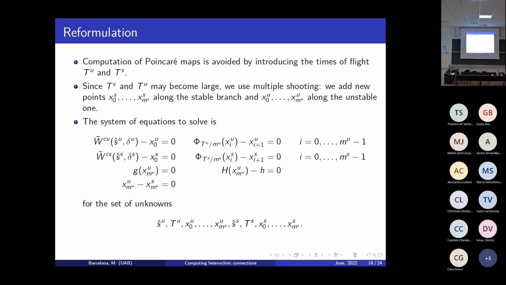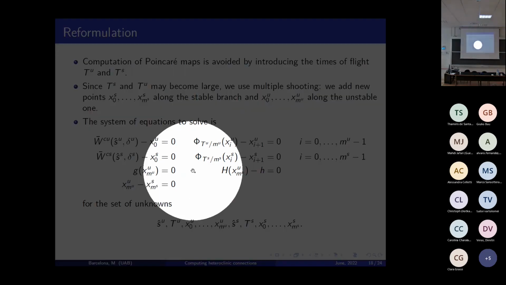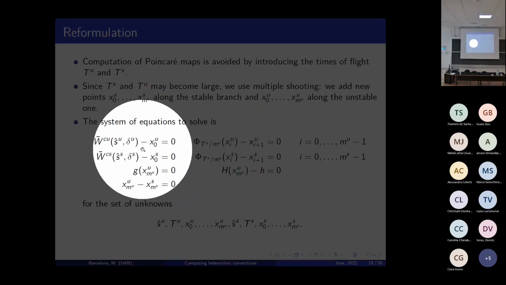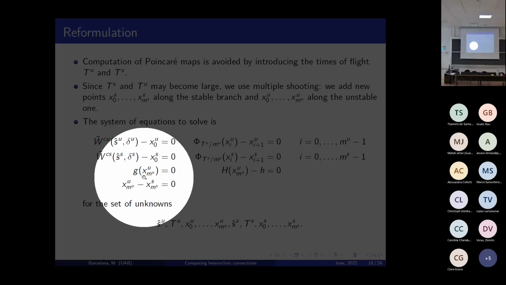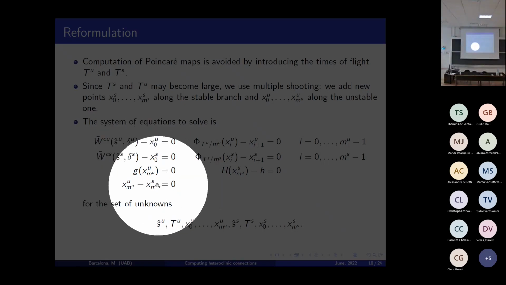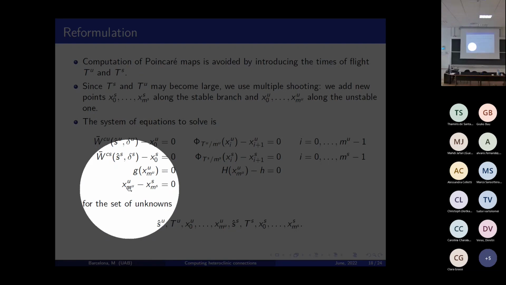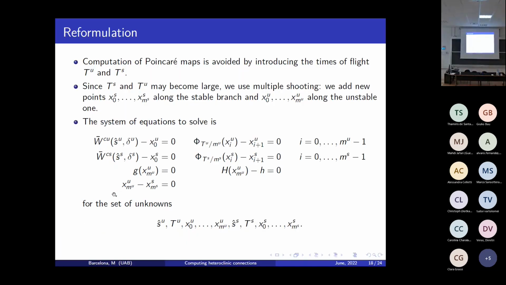And we solve this system of equations, where this one is the departure condition from this unstable branch, and this condition over here is that both branches match at the Poincare section.